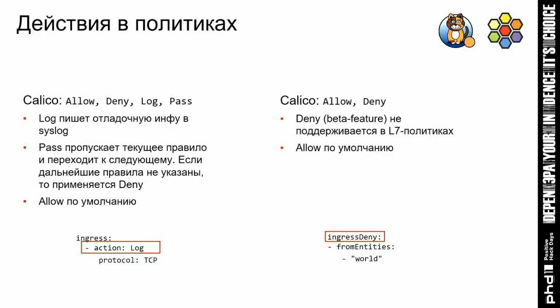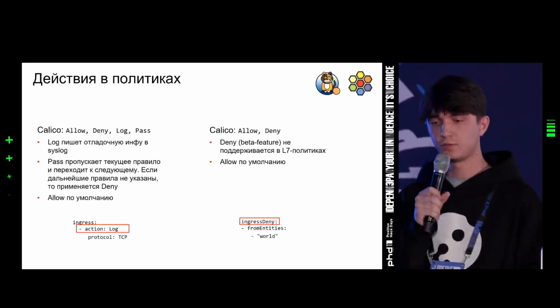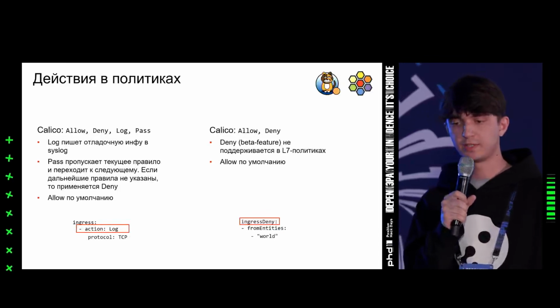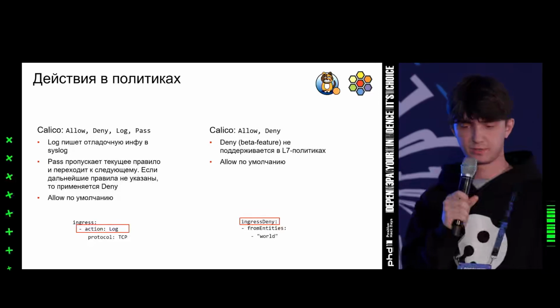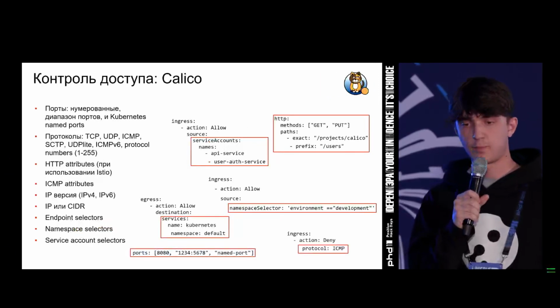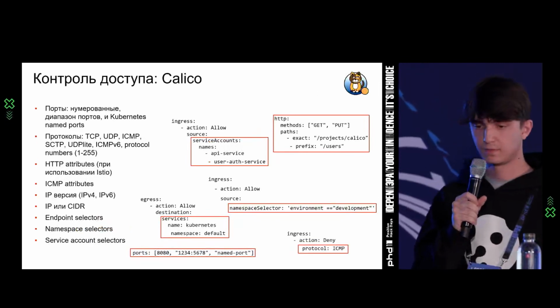We can also use a log and also pass. That would pass the existing rule and go on to the next one. In Cilium, they have similar approaches. And we're going to look at certain constraints as well later on.